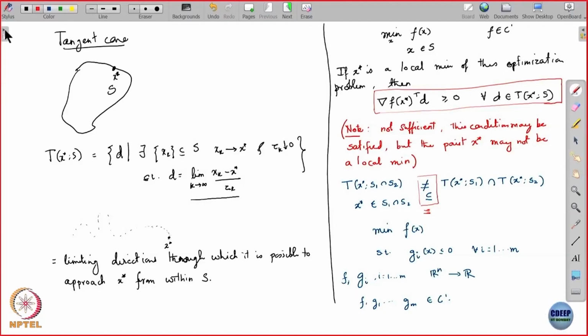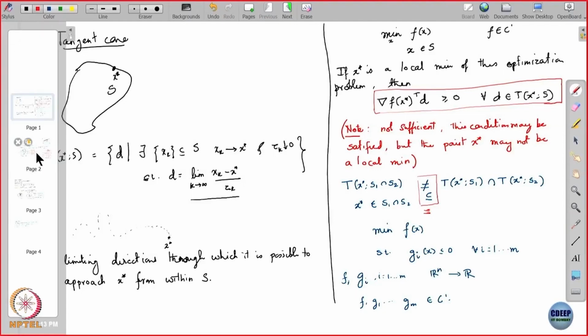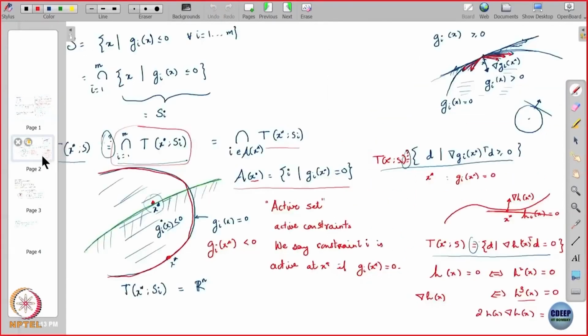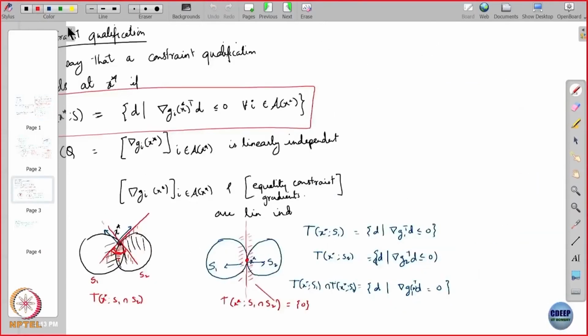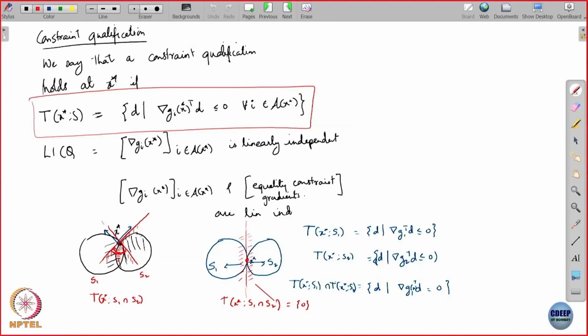And moreover, if my optimization problem is given in this sort of form, then the tangent cone is given by this expression.